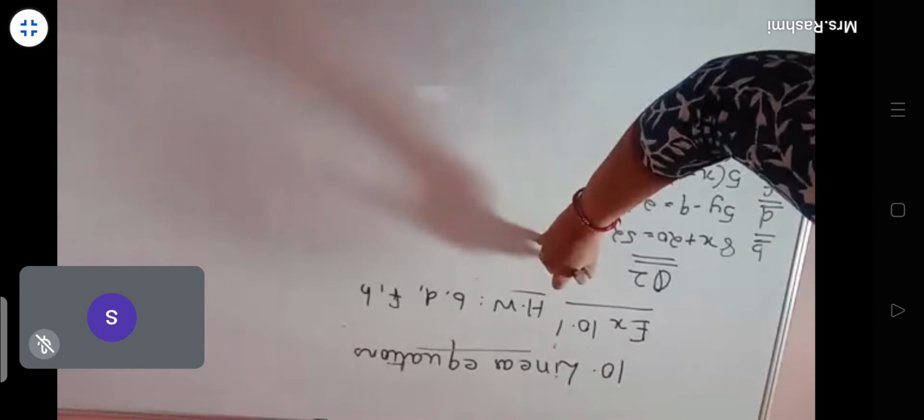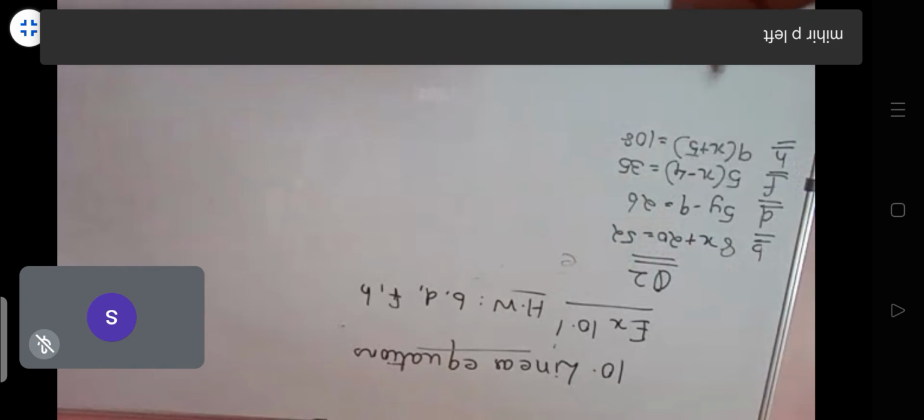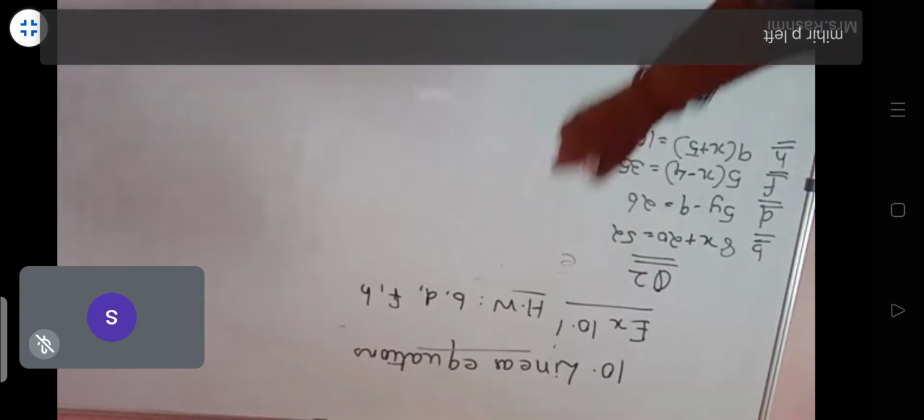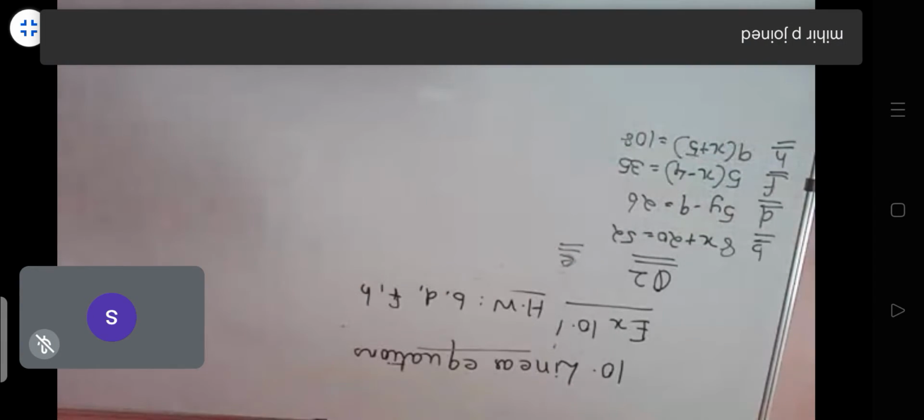8. Okay. Ma'am, I got it as 14. Yes, ma'am, I also got it as 14. Huh? Wait, how can that be? It will be 14 only. Ma'am, I got 14.